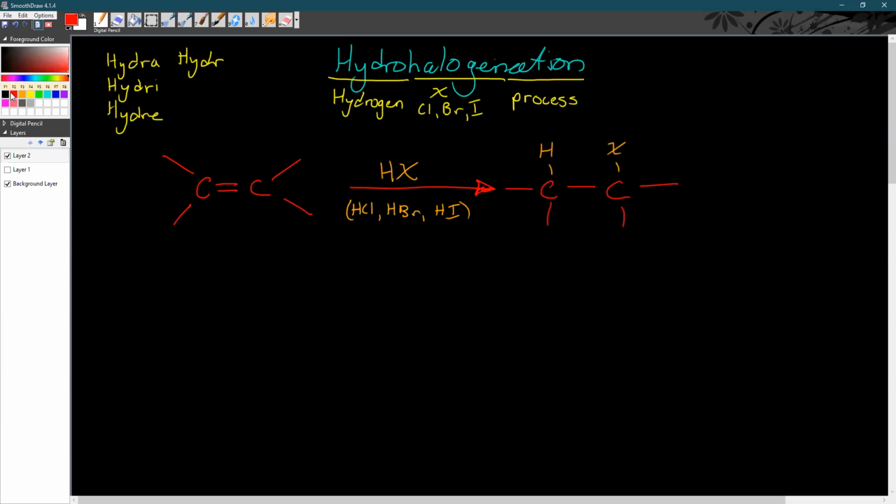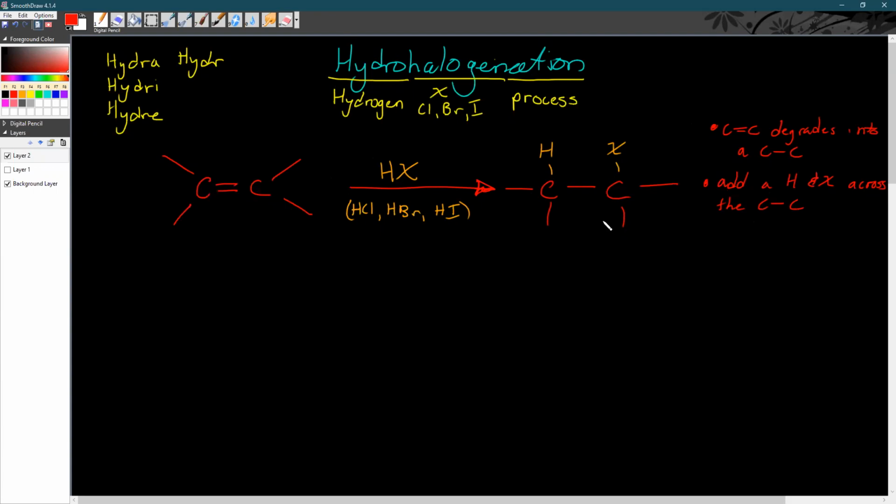So what did I just say? Well, I said that the carbon-carbon double bond degrades into a carbon-carbon single bond. And then we add a hydrogen and a halogen across the carbon-carbon single bond. And look, that's what happened.